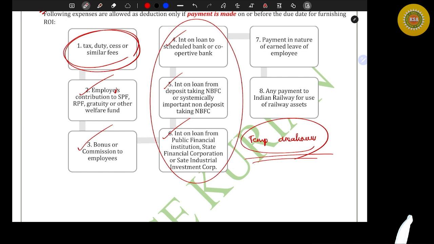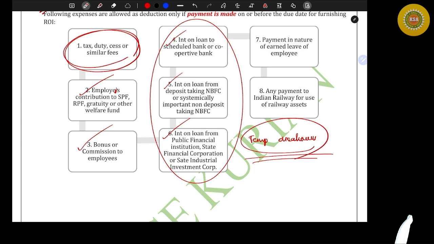You can claim the deduction only on actual payment basis. That's it. You have to make the payment either in the PY or at least before the due date of filing your return. If you are not making the payment, 100% disallowance. And when you actually make the payment in the subsequent year, in that year, you can claim a deduction. Is that clear?